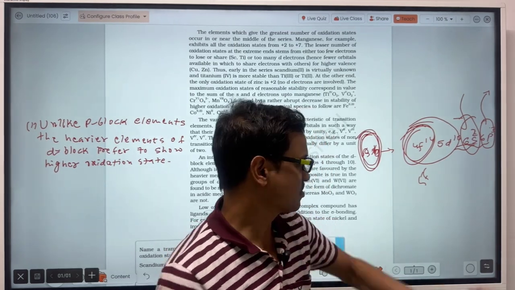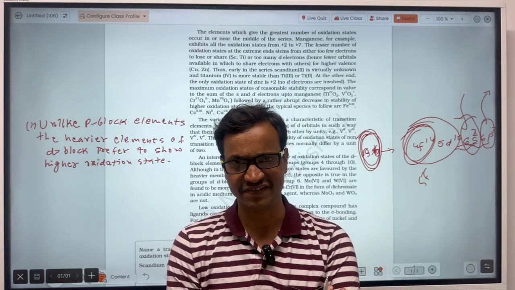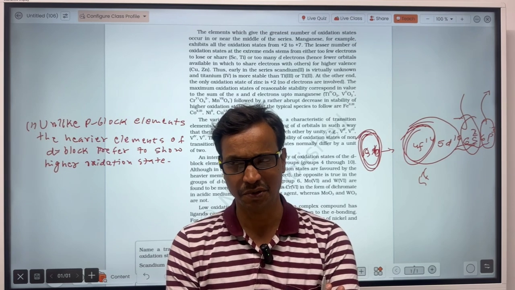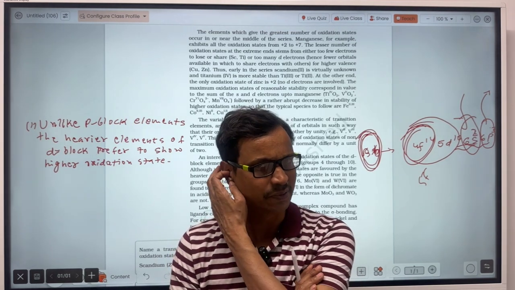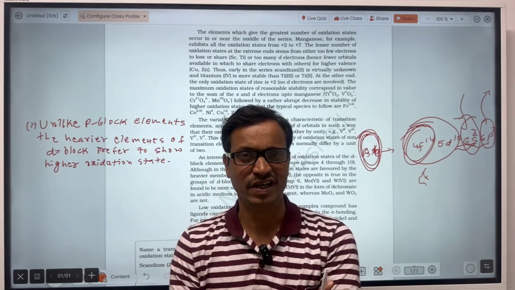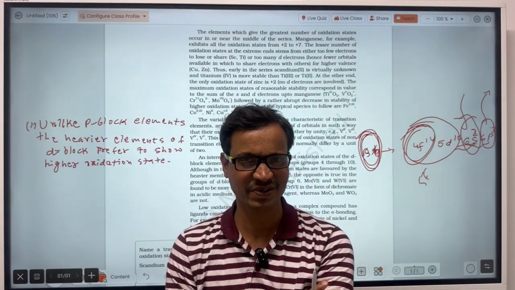And the s orbital has a greater penetrating effect, so the s electrons will be tightly bonded with the nucleus. The p electrons will also be tightly bonded with the nucleus.